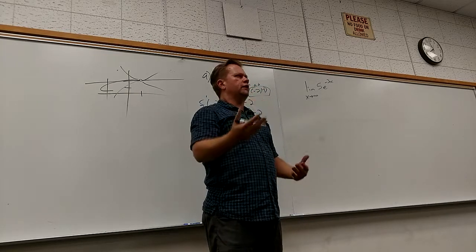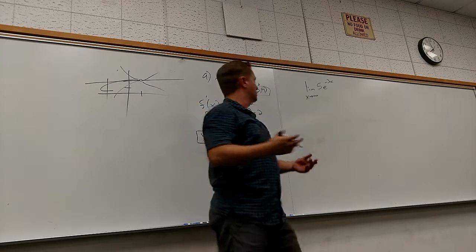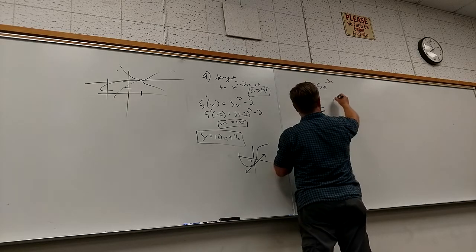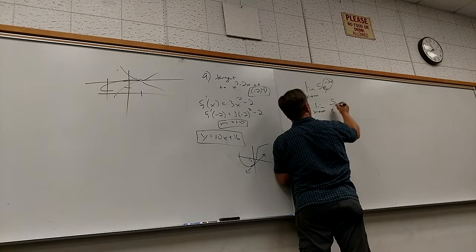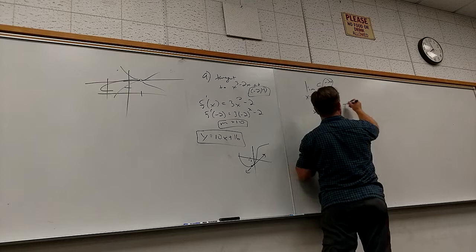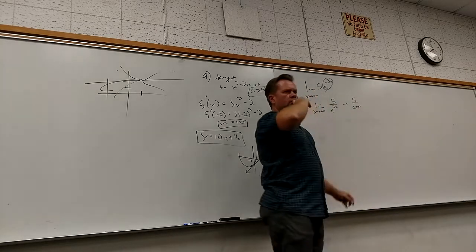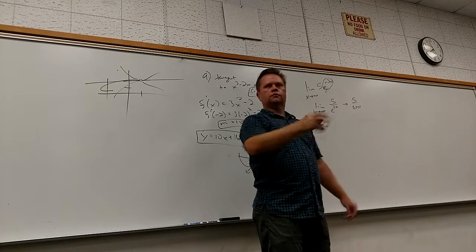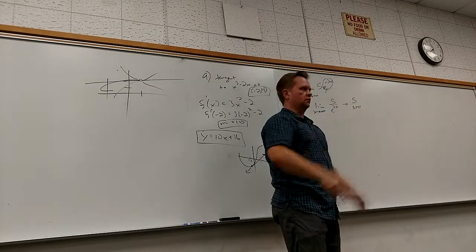So how could I rewrite that so it doesn't have a negative power? 1 over. It'll be 5 over, yeah, this goes down. So this will be 5 over big number, which goes to 0. Like 5 divided by big goes to small, goes to 0.